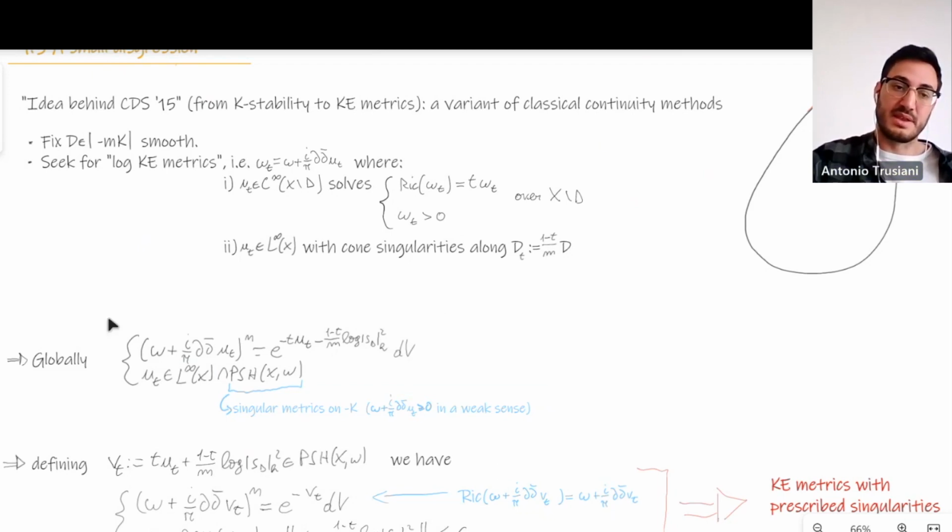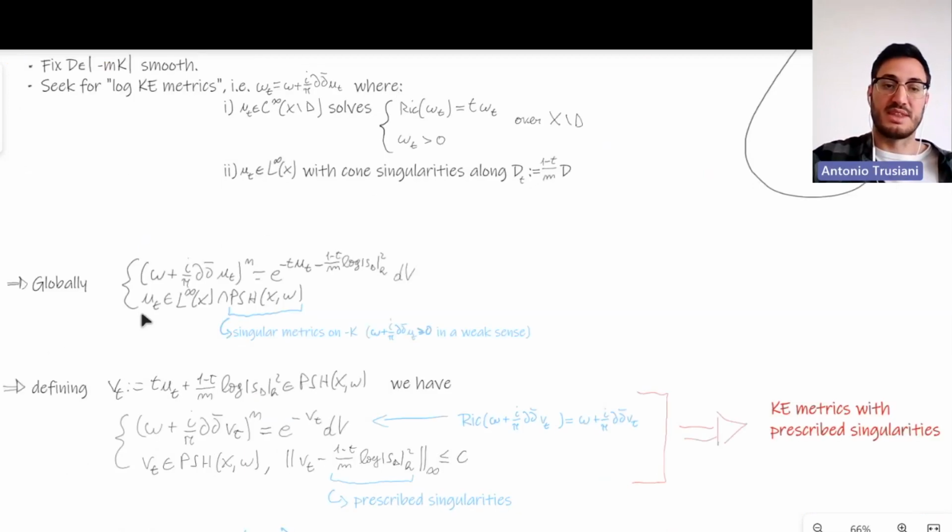But looking at this equation is important because now we can define this V_t as the sum of t u_t plus (1 minus t) m log s_D, and this is still in the set of singular metrics with respect to omega. And moreover, you can check that it solves this equation.